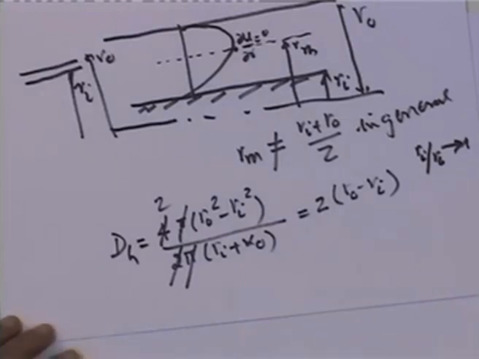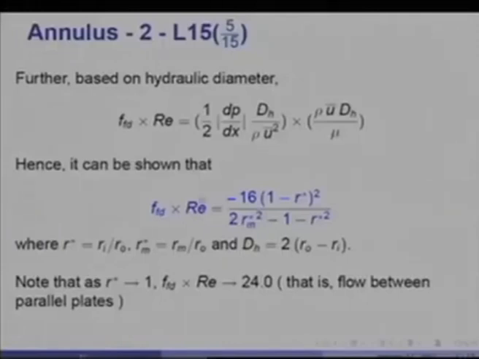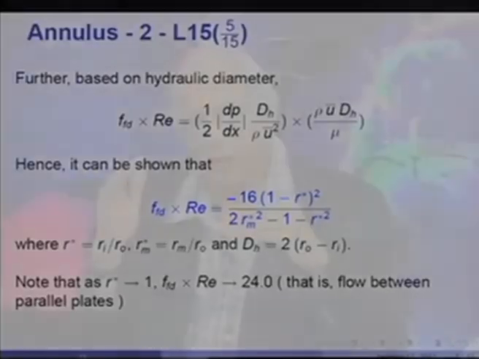Let us look at the numbers. For different values of r_I by r_O, you can evaluate the friction factor. In fact, as r star tends to 0, you will see f into Reynolds number tends to 16, which is the lower bound indicated by the circular tube. The r_I by r_O tending to 1 is the upper bound, and that is the flow between parallel plates. For all other radii, the product of friction factor and Reynolds number would lie between 16 and 24.